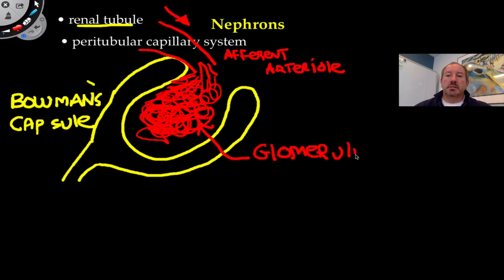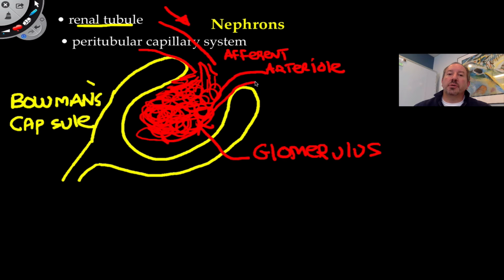Okay, so it's a tuft of capillaries called the glomerulus. That's right. And so the blood's raging in here under high pressure. So I'm going to try very hard not to get into the functionality. I'm tempted to do so, but I'm going to try to just look at the anatomy, if that's okay, for this particular video.